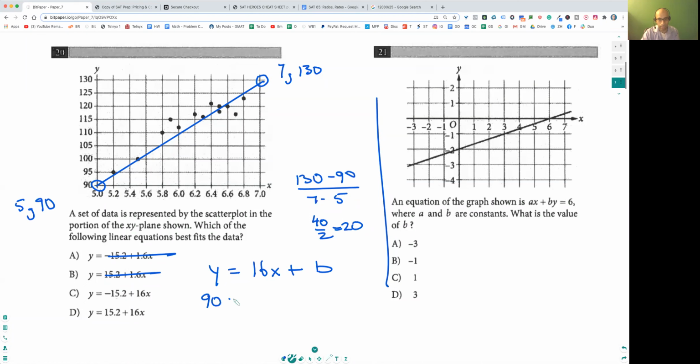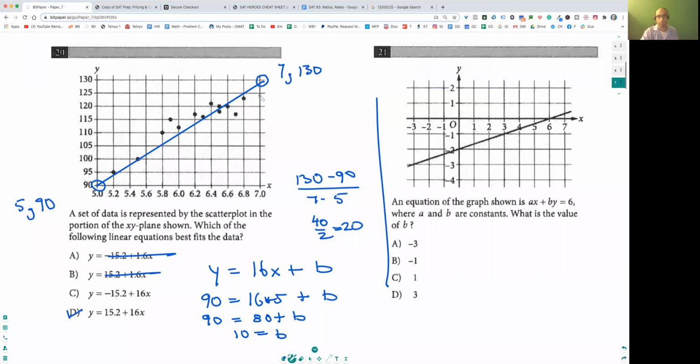So 90 is equal to 16 times 5 plus b. 16 times 5 is 80, plus b. So b is equal to roughly 10. It's not the best value, but still it works.